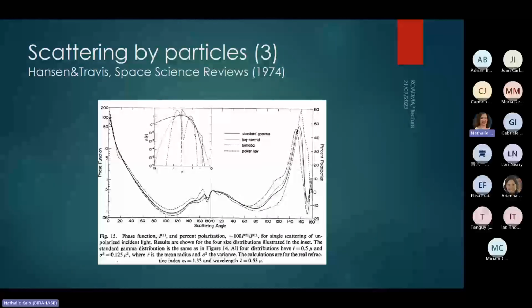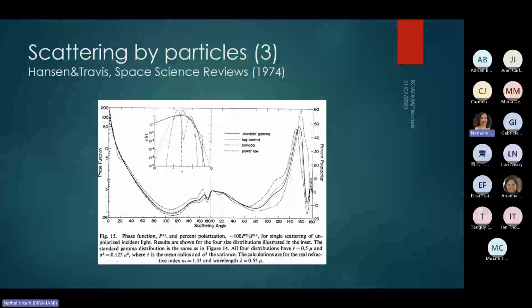Scattering by particles, yes. So these are results from the famous paper by Hansen and Travis in 1974. If you really want to know everything about this stuff, this is really a nice overview of the entire field. It's a classic, really. And these are examples for spheres, I think. Phase function, the scattering pattern, a function of scattering angle.